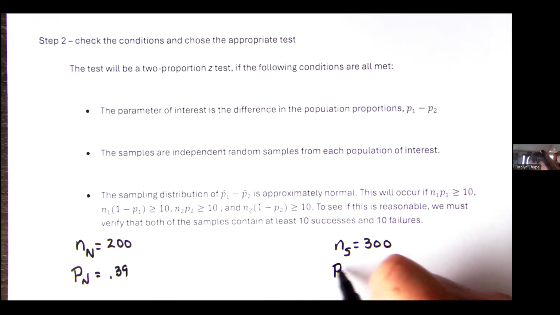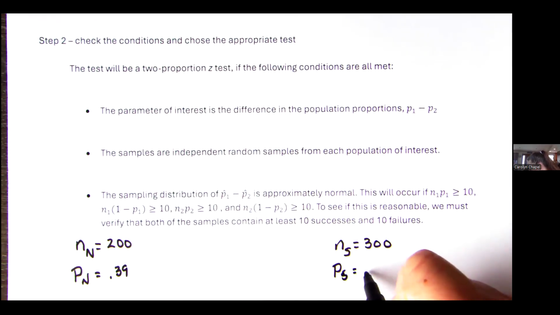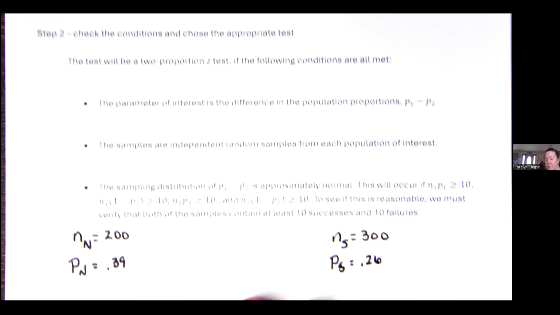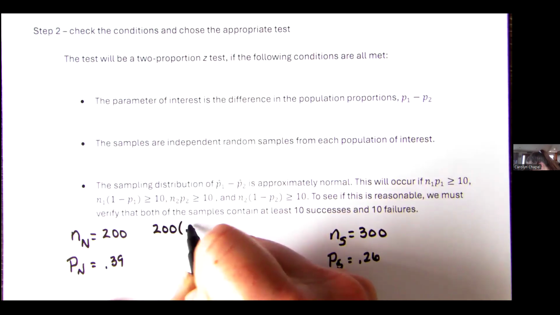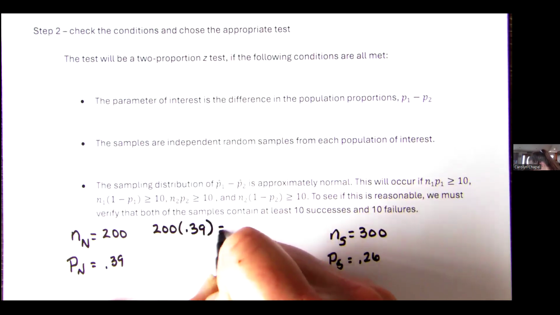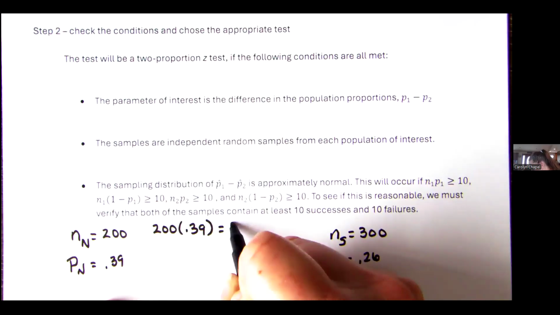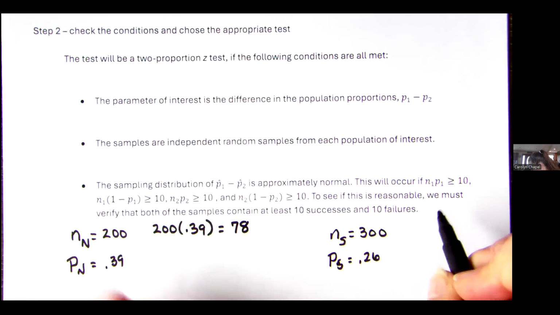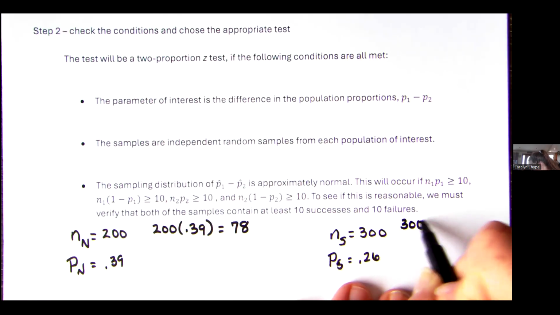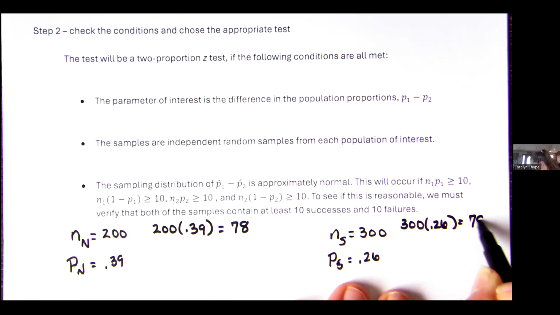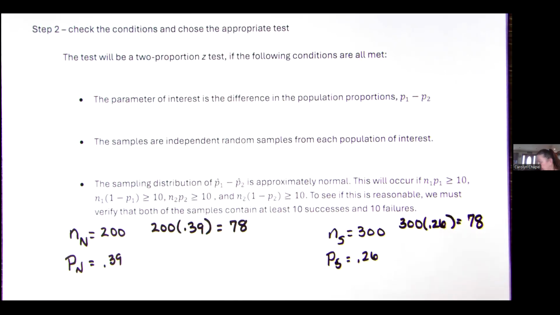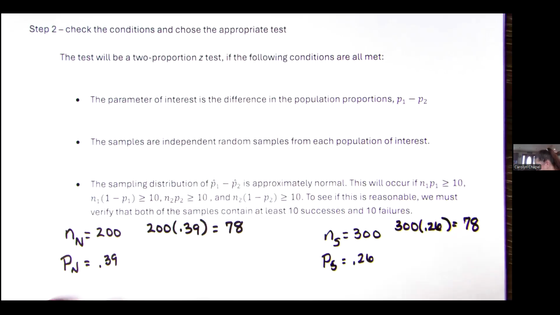In the Southwest, we had 0.26. So now I'm going to look at N times P, so 200 times 0.39. And I multiply those, I get 78. I'm going to do my 300 times my 0.26, which is also 78. That's really weird. That is just a coincidence.